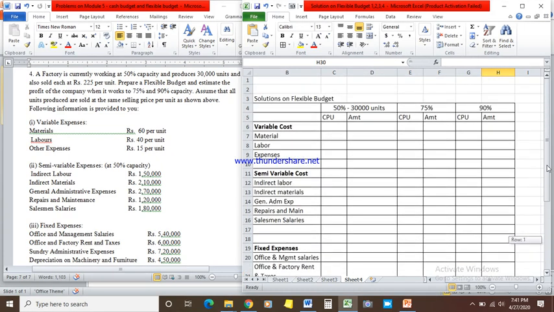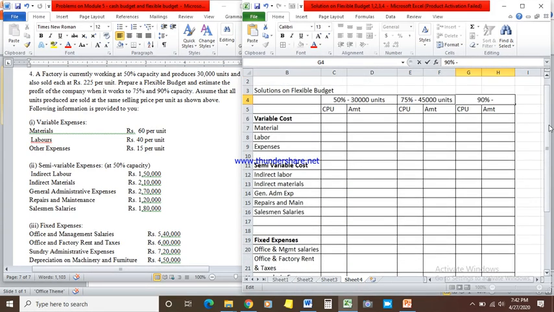So it is 45,000 and 54,000. I'll just write here, at 75% capacity we will be manufacturing 45,000 units. At 90% capacity we will be manufacturing 54,000 units.